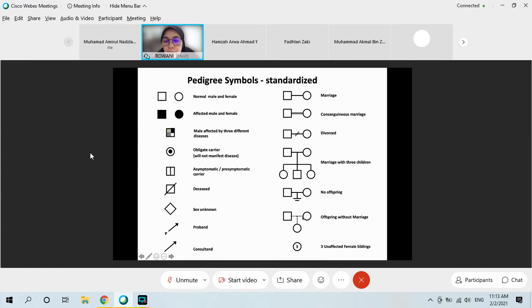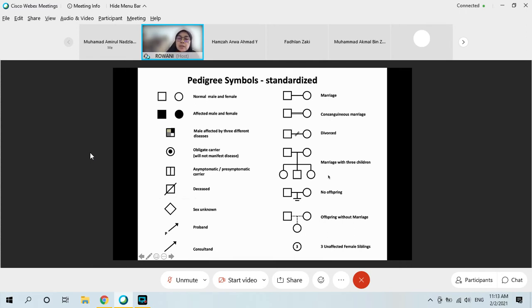Here, there is an offspring without marriage. And if you see within a circle there is a number, this indicates that there are 3 siblings, three unaffected female siblings. For example, if there is 3 here, it means that after the third daughter there are another 2 daughters.